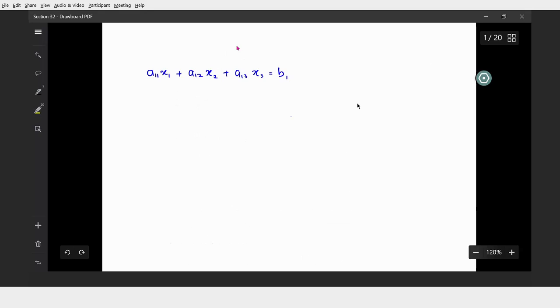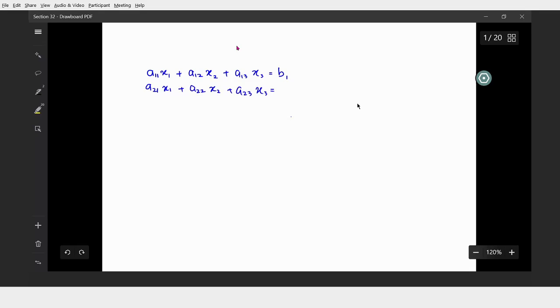The general form. First of all, we need to construct the formula for our x1, x2, and x3. So in the second row, you have a21 x1 plus a22 x2 plus a23 x3.